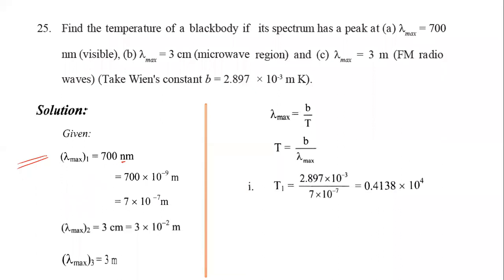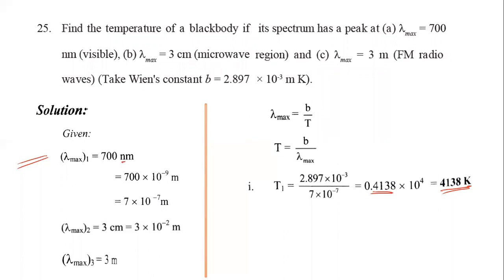Sorry, this is temperature. So this value is 10 raised to 4; we shift the decimal point by 4 digits and we get this answer for the temperature: 4138 Kelvin. This is the temperature when lambda max is 700 nanometer.